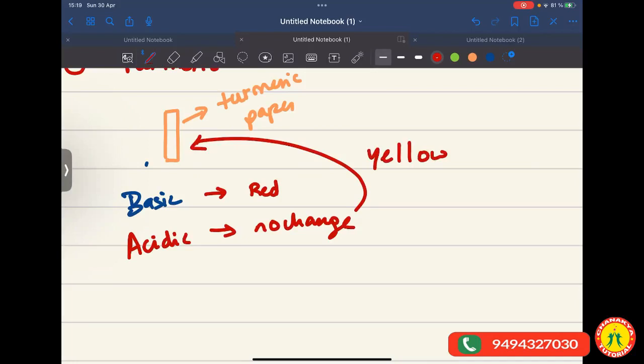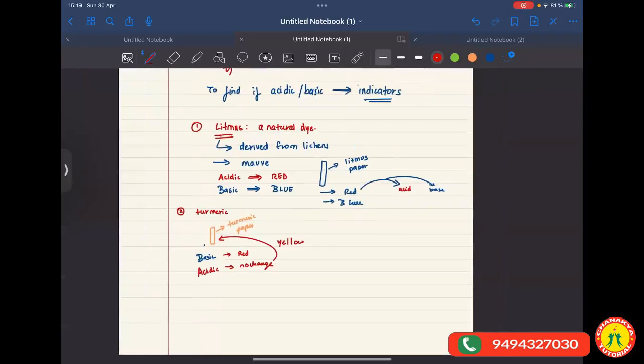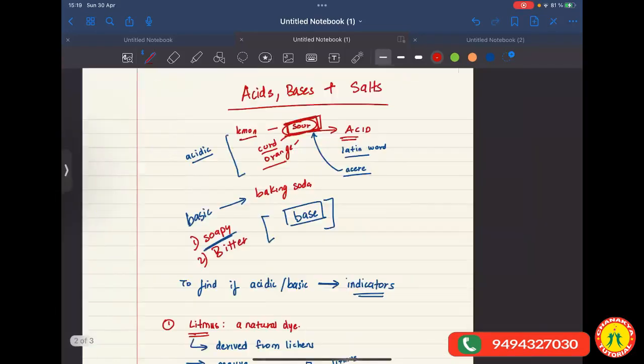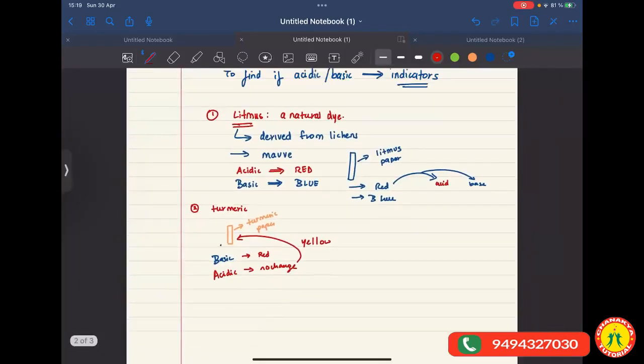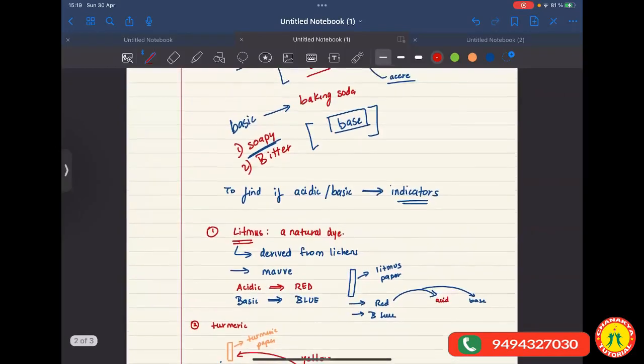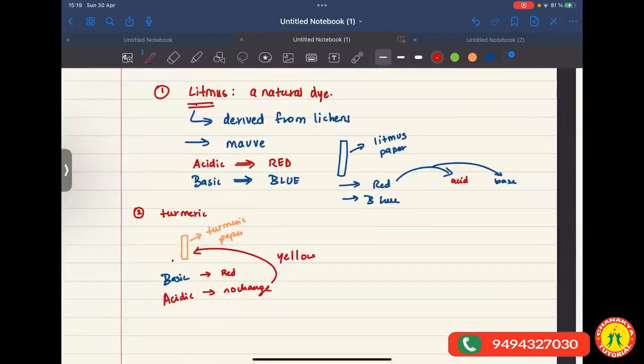All right. Now I have another third indicator. First, take note of this. Make note of till here. Tell me your name and tell me when you're done.